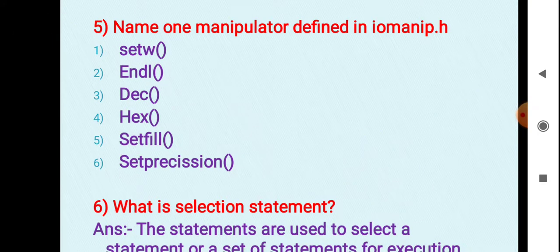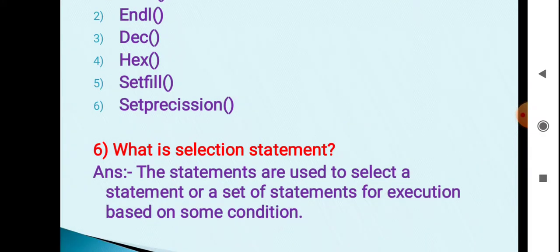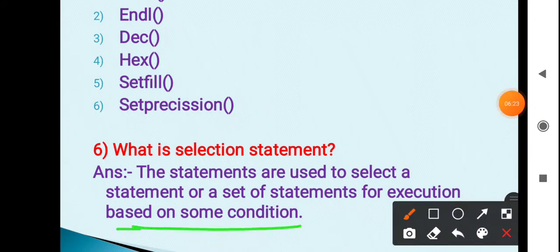Okay. So next, what is a selection statement? The statements are used to select a statement or set of statements for execution based on some condition. So based on some condition, if you are executing certain statements, then that is called a selection statement.